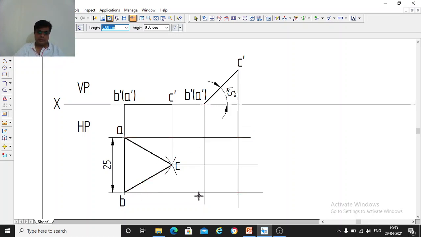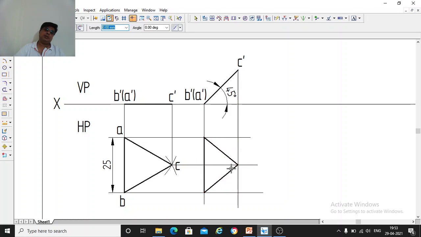Similarly, B is here, B dash is here, so this is the new top view B. Similarly, C dash is here, C is here, so this is the new top view C. You have to connect them: this is A, this is B, this is C, and this is CA.